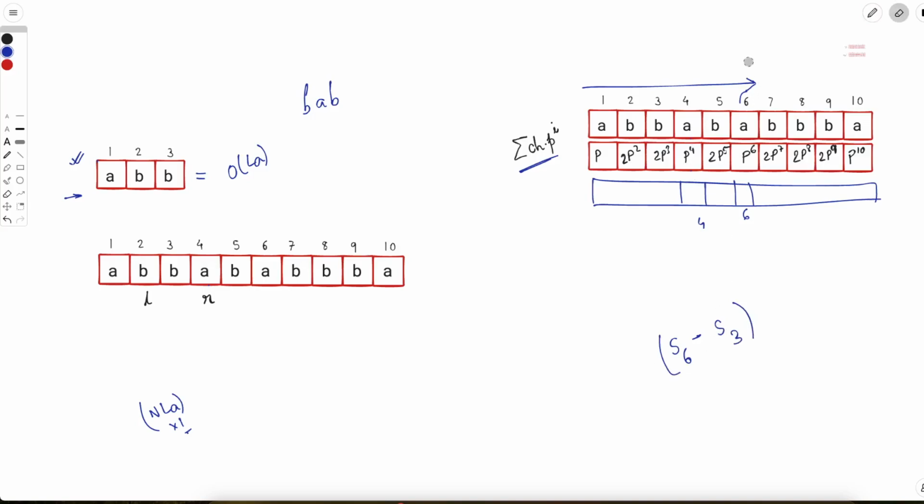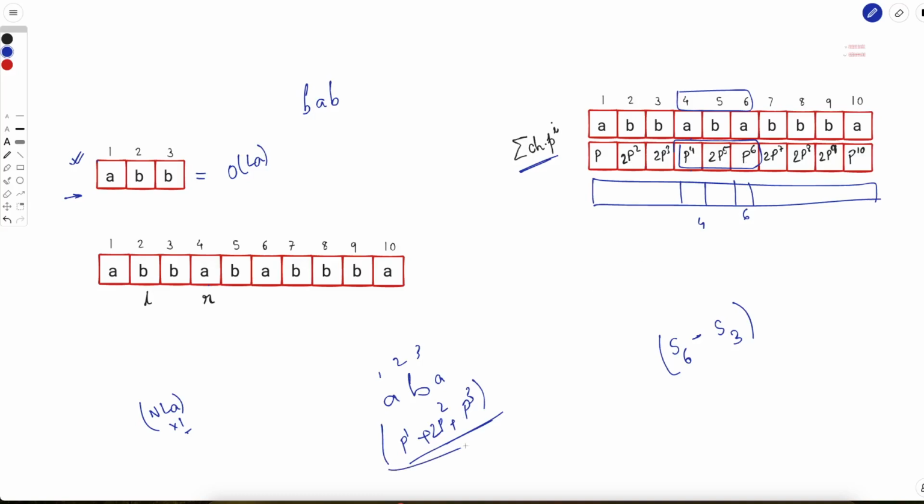But there is a catch here. The catch is, if you figure out the sum of everything between 4 and 6, what you will get is p power 4 plus 2p power 5 plus p power 6. But if you isolate this entire thing, ABA, and then figure out the hash, then the hash would be p power 1 into 1, 2p power 2, and then plus p power 3. So this is the final hash you want, but what you are getting is p power 4, p power 5, p power 6.